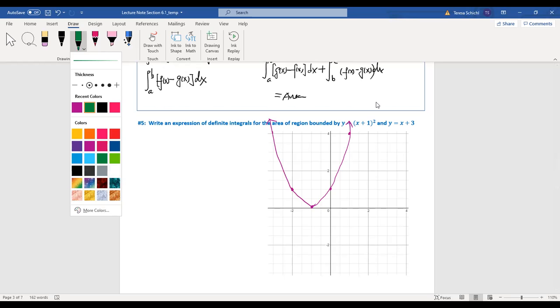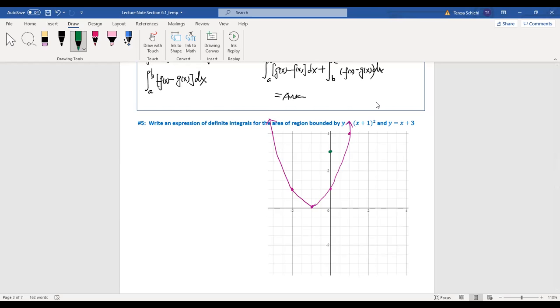So when x equal to 0, y equal to 3 is here. When x equal to -2, y equal to what? y equal to 1 is here. And let's see here, when x equal to 1, y equal to 4. Okay, so this green line is y equal to x plus 3.